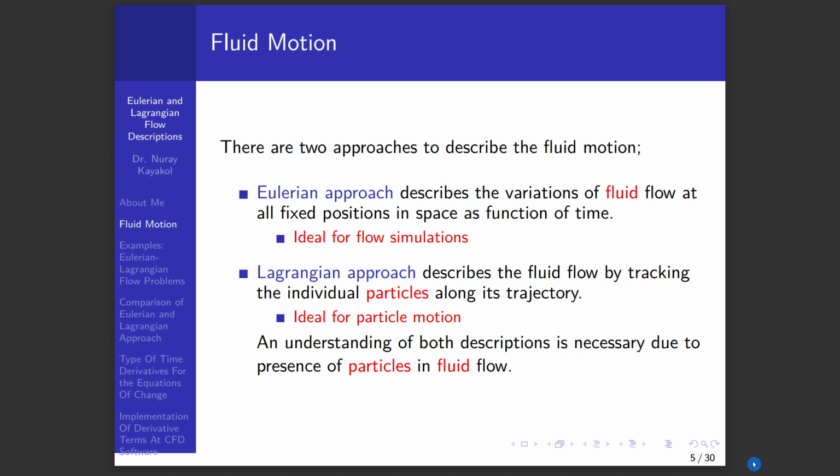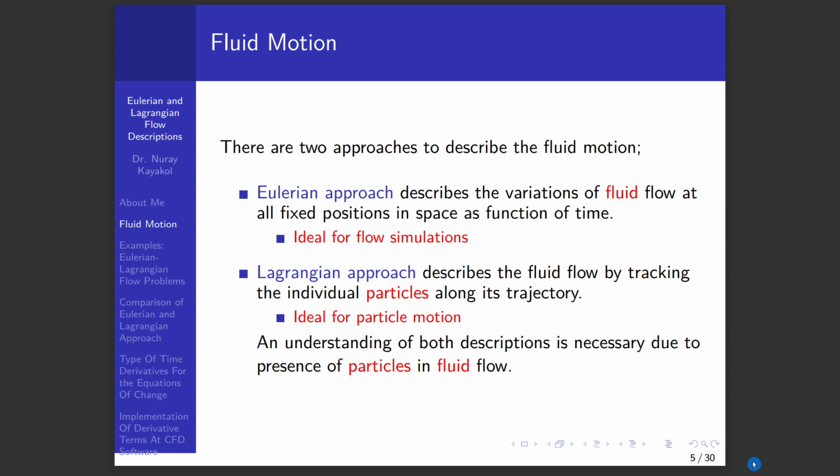And then it talks about the function of time. That means the variable will be not only the position in space, but also a function of time. So this tells us simulation can be transient or steady state. Basically, what we do in CFD simulations, we apply Eulerian methodology.